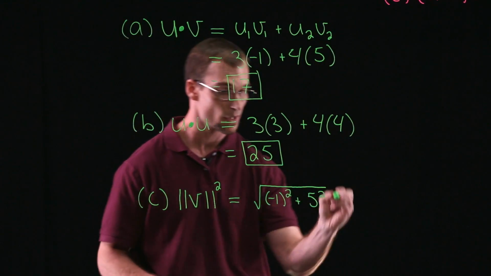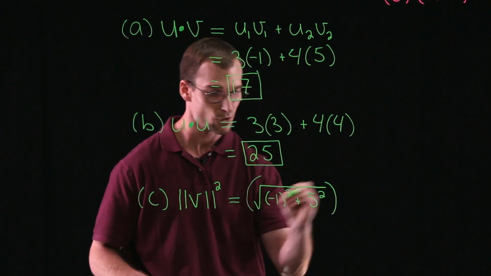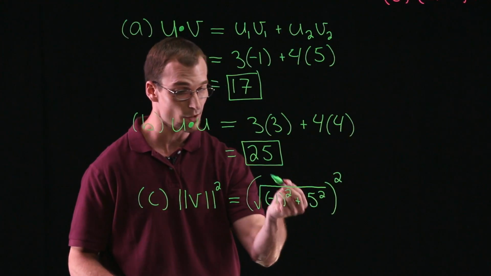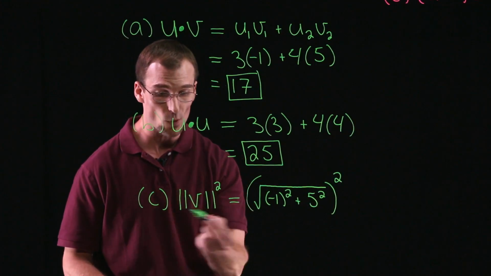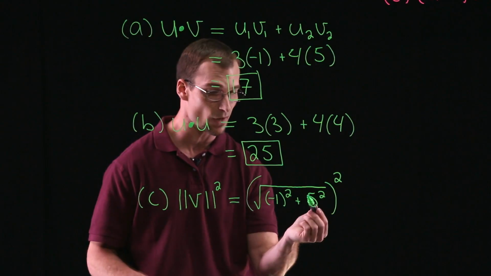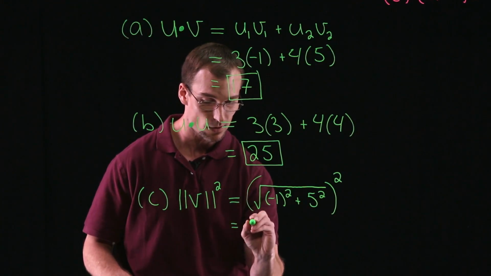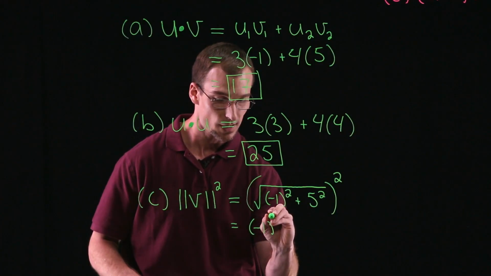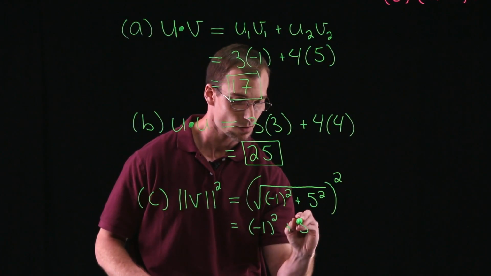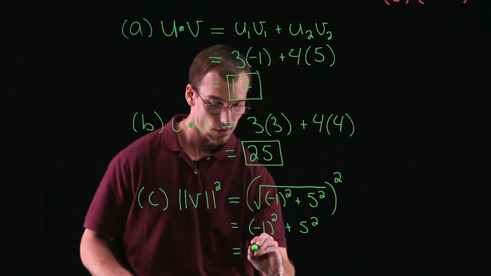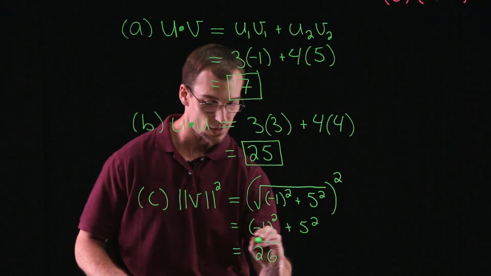Then we're simply squaring that. The square and the square root cancel each other, so when you square a magnitude, you can find it just by finding the sum of squares of the components. This is equal to -1 squared plus 5 squared. So 1 plus 25 gives us 26.